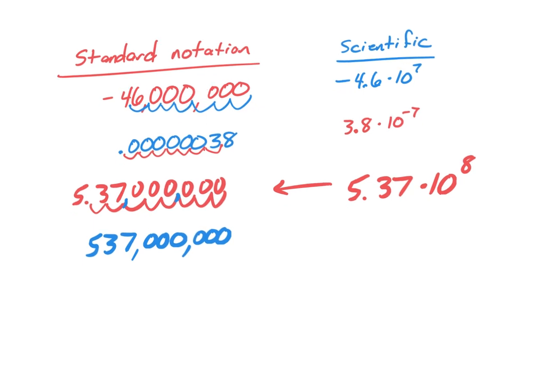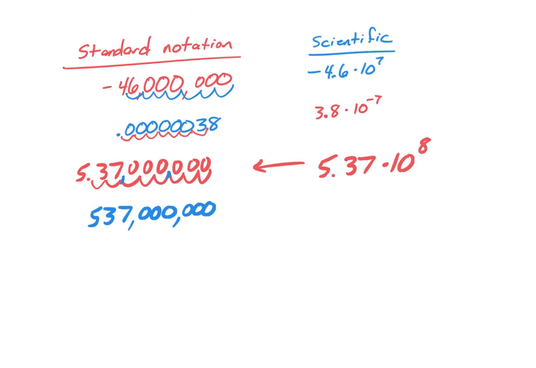Okay, if I want to do one that's negative, I could do 9.4 times 10 to the negative 6. So basically the same idea. Instead of moving to the right, though, we're going to move to the left.